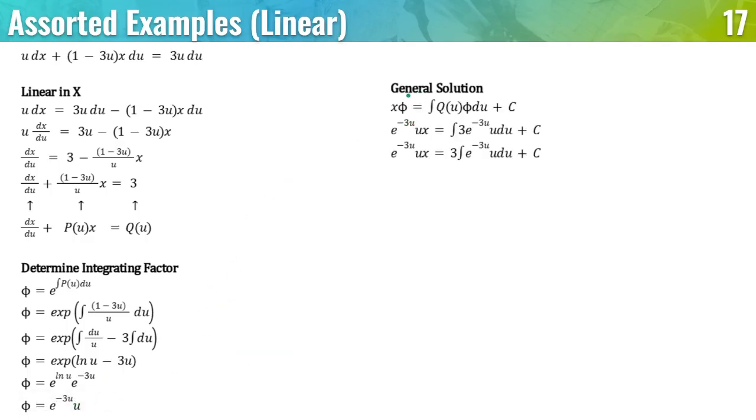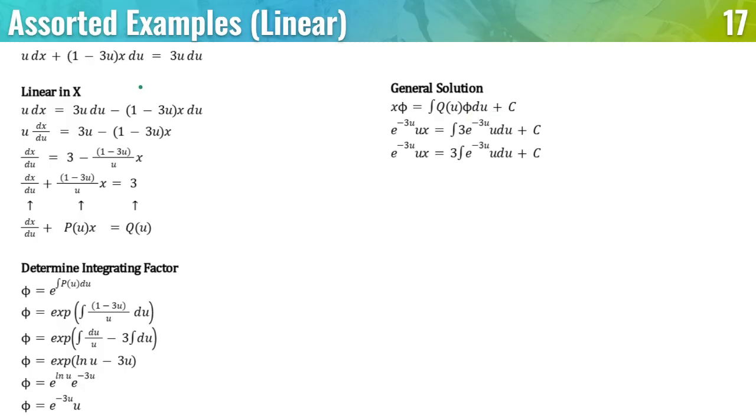Next, the integrating factor is going to be here. Remember, we are linear in x. That's why we multiply the integrating factor to x. And then the other side is going to use q(u) times the integrating factor du inside the integral.